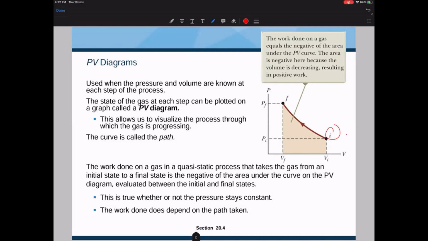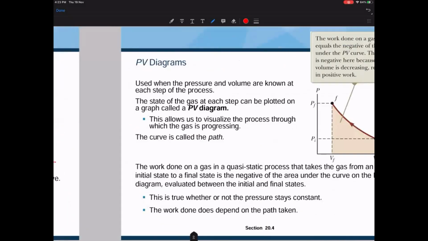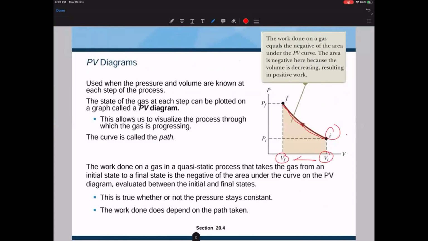In between, there must be some process or some combinations of pressure and volume. So this trace tells you the process of compressing a gas from an initial volume to a final volume. This is something we call a PV diagram. Pressure versus volume, a PV diagram.